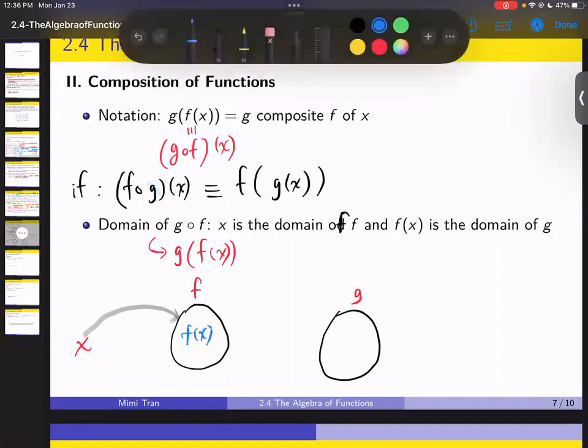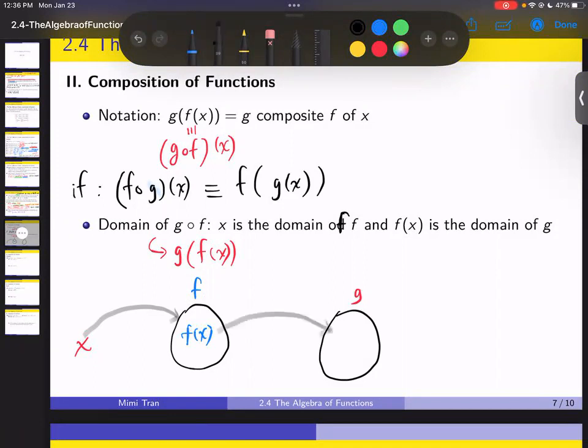Your product is F of X. Let me make this blue. Your product is F of X. And once you have the product F of X, what do you do next? You shove it into the G function, right? The G machine. So your F of X goes there. Now you have what? G of F of X, right? You have G outside, and then inside there's F of X. That's your result.